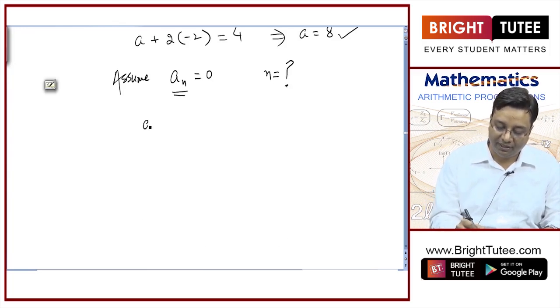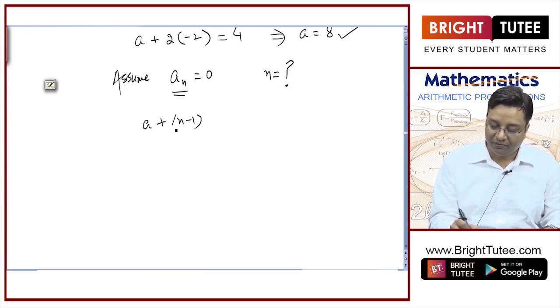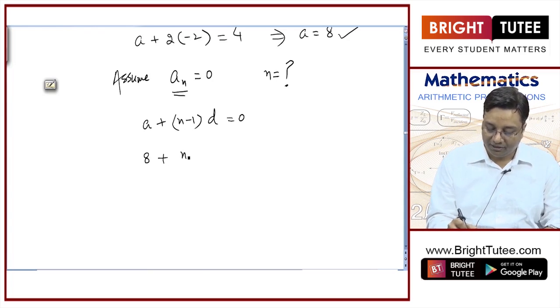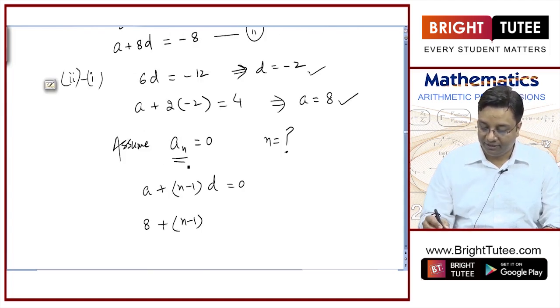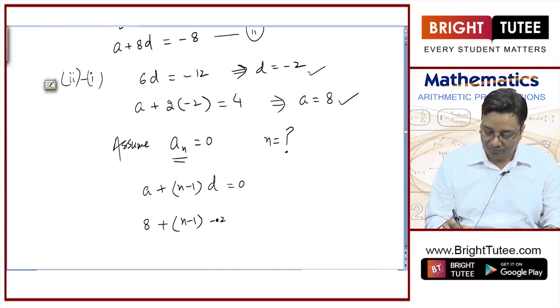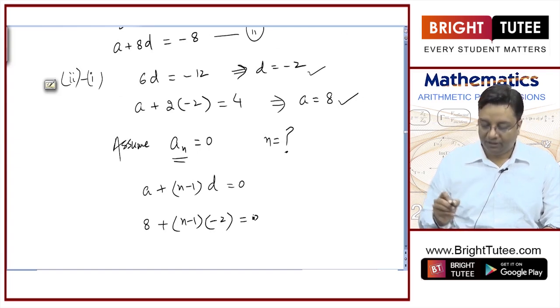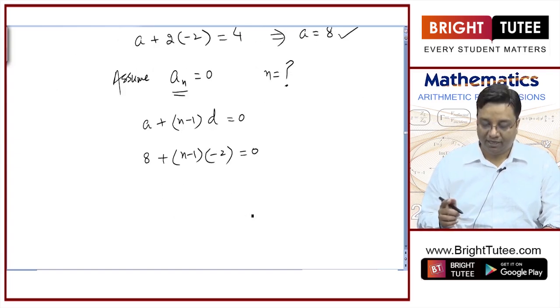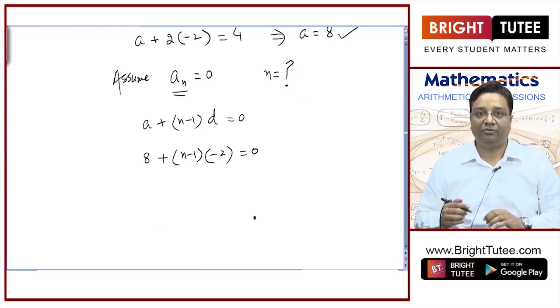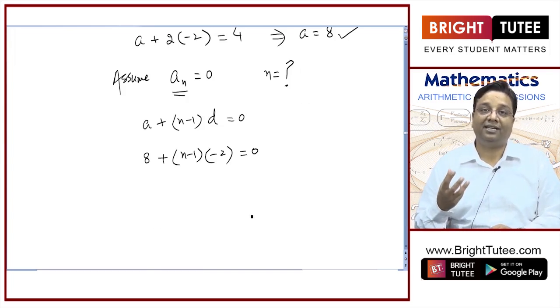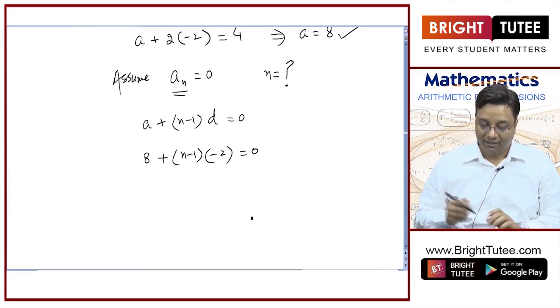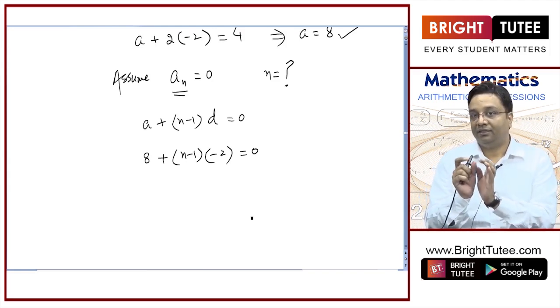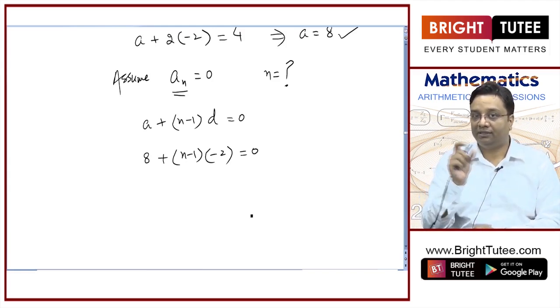What is the nth term? A plus n minus 1 into D. Put it equal to 0. What is A? A is 8 plus n minus 1. What is D? D is minus 2. If I put it equal to 0, and now if I find the value of n and I get the value of n as integer, okay, then I will say that the nth term is the answer.